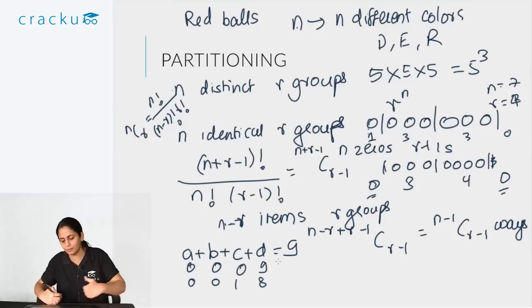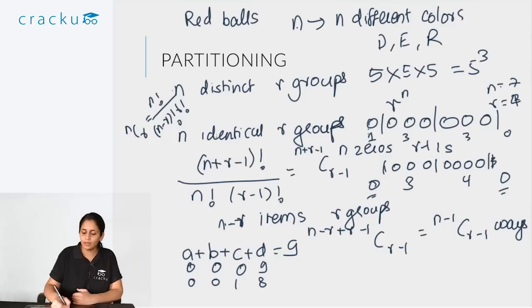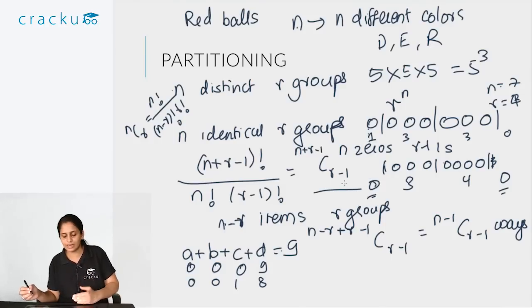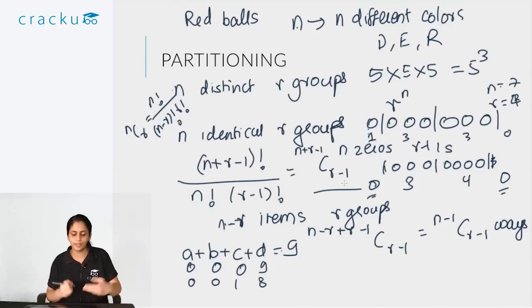The groups are a, b, c, d. So I have to follow the same concept and use the same formula to find how many ways I can distribute this 9 across 4 groups. So this is the basic concept of finding the number of integral solutions. You can use the same formula to find the total number of integral solutions possible that satisfy a particular equation. So this is the fundamental behind partitioning.